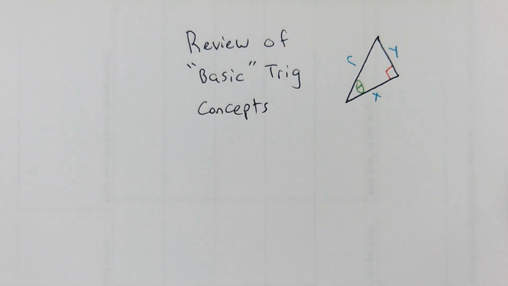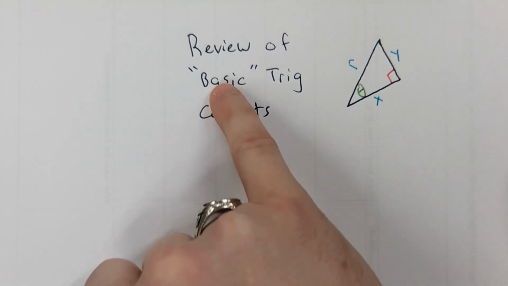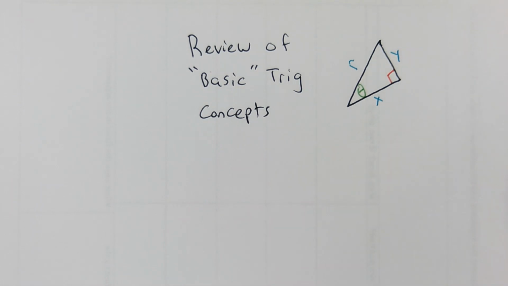Students have been struggling a lot lately with trigonometry, and I want to make sure that that's not going to be a problem going forward. So I thought maybe I'd put together a video where I just cover as many of the basic concepts as possible, trying to clear up any confusion about what exactly is going on.